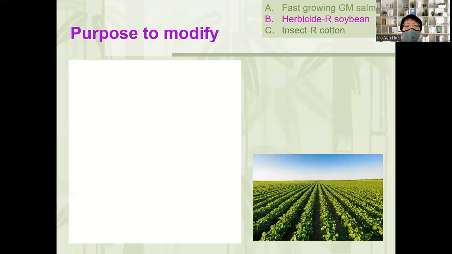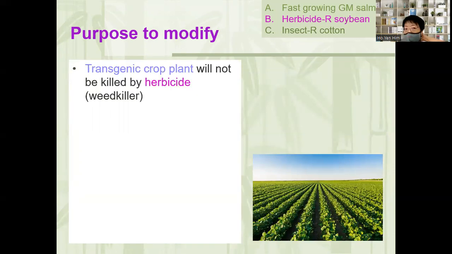So what is it scientists propose to modify? They want to make a transgenic crop plant. Now, transgenic crop plant is a word for a crop plant that has received a foreign gene, just like transformed bacteria has received the foreign gene. Transgenic crop plant has received the foreign gene.